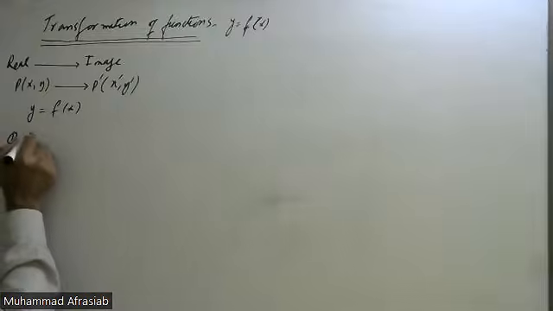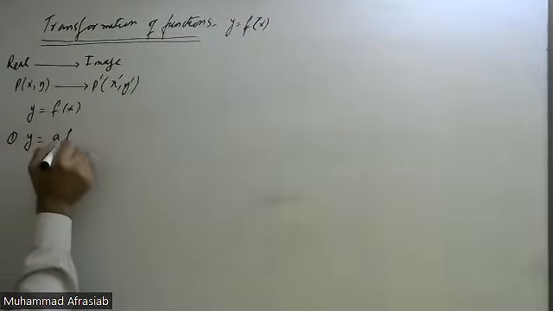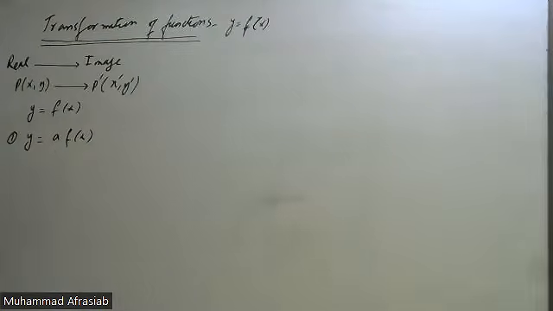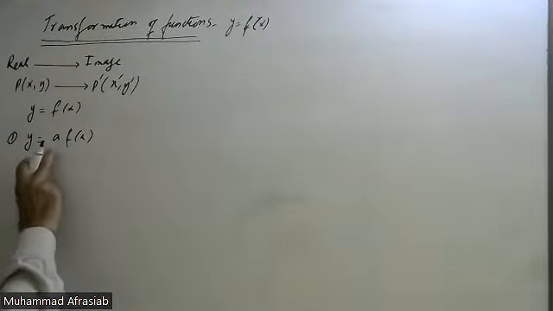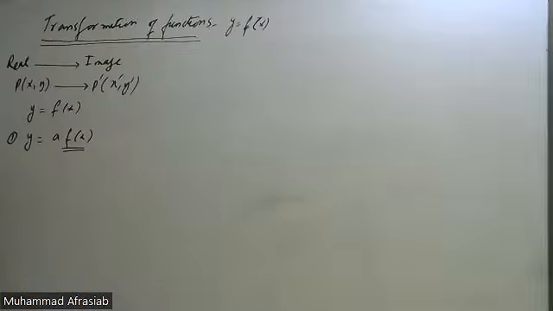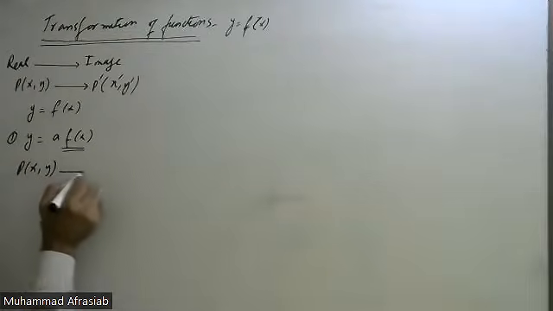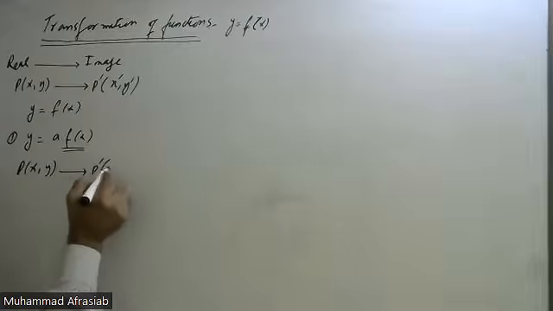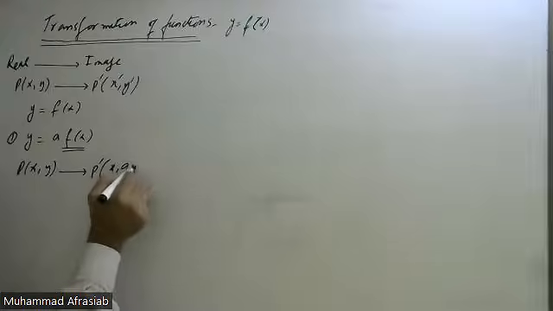that y equal to a f of x, where a is a constant number and f of x is the function there. So a is going to be multiplied outside the function. If we write this in mathematical form, then if P is (x, y), the real coordinate, it will be changed to this form as (x, a y).